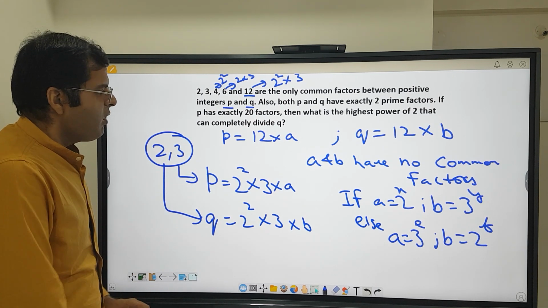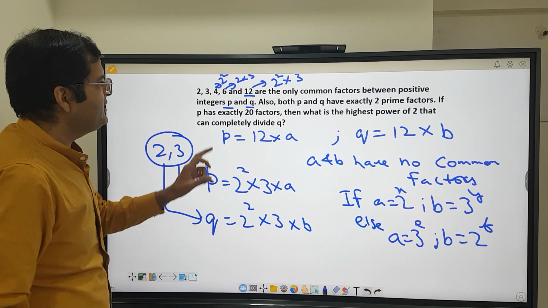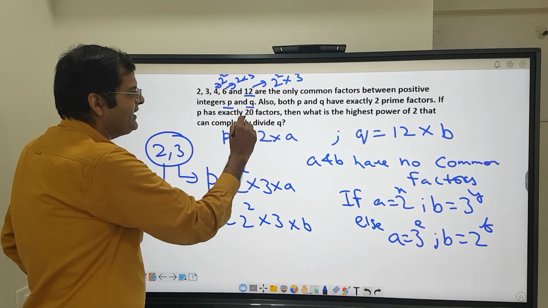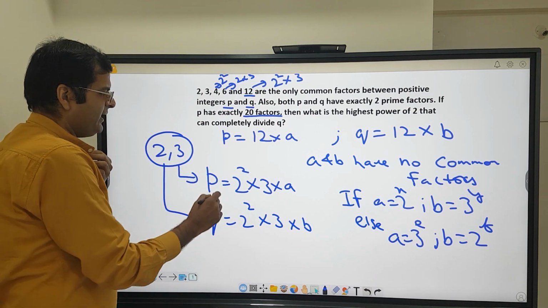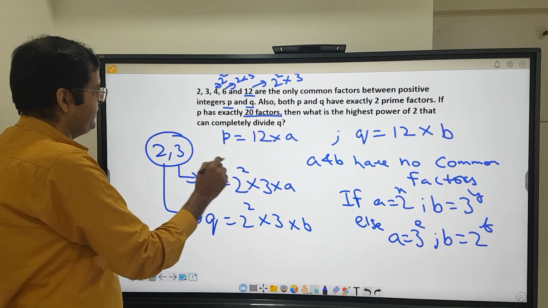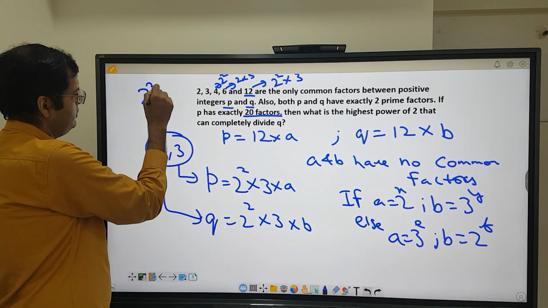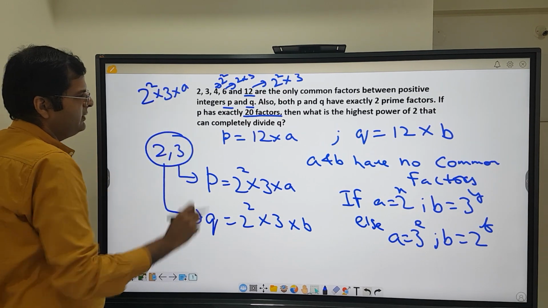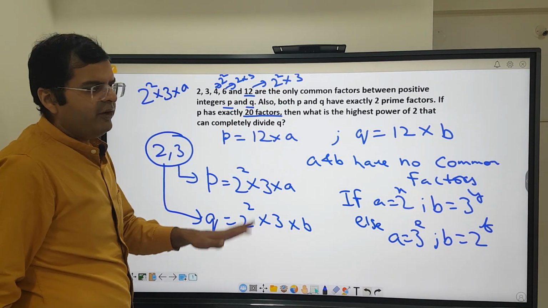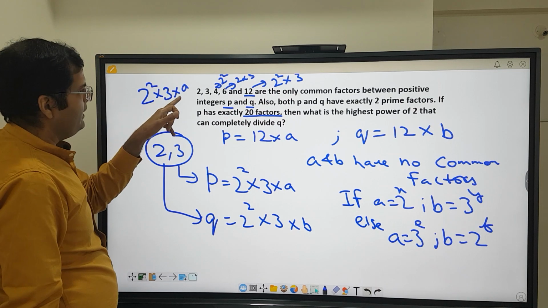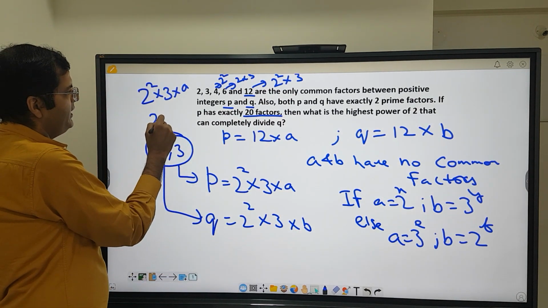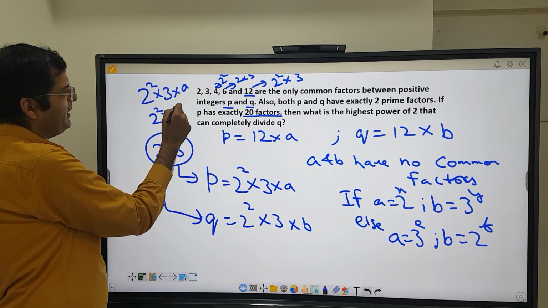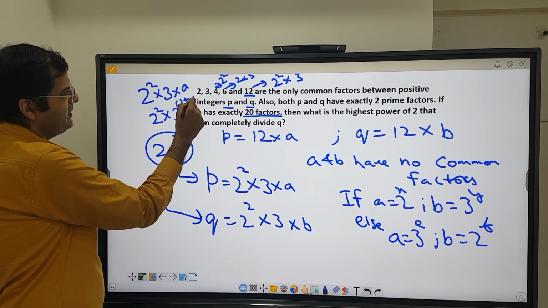Now over here it is mentioned that p has exactly 20 factors. In this case, if you take 2 squared into 3 into a, and let's say I take a as 3 raised to e, it will become 2 squared into 3 raised to power 1 plus e.